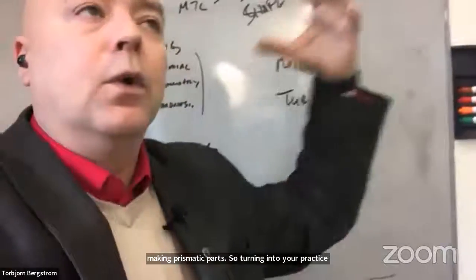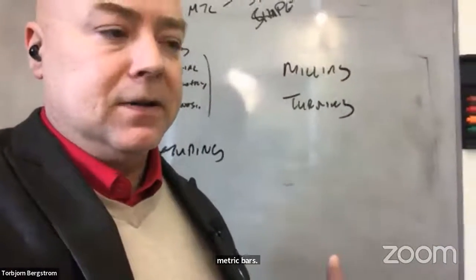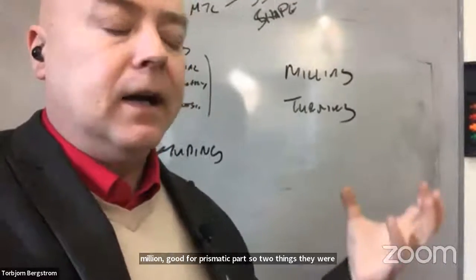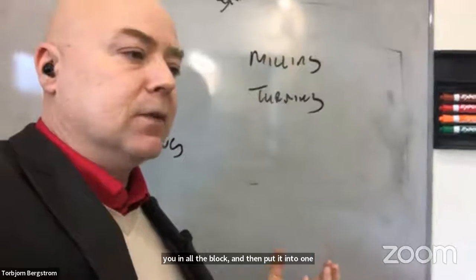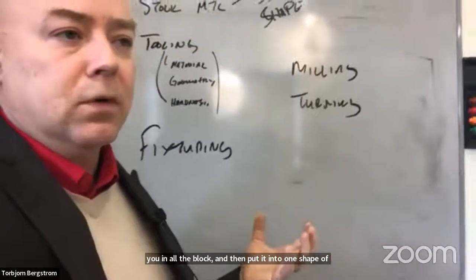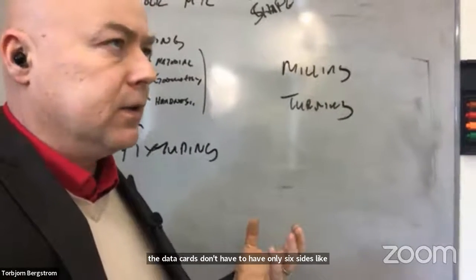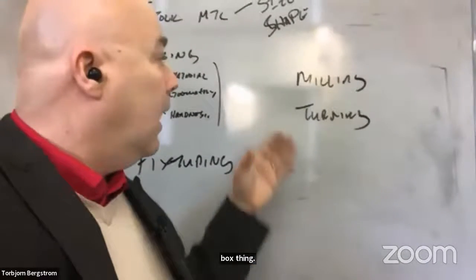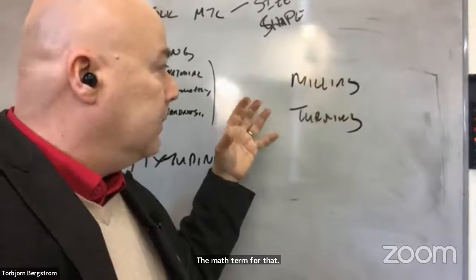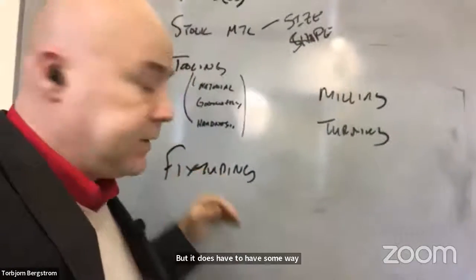Milling is good for prismatic parts. So things where you'd hold a block and cut it into some shape. Now the prismatic parts don't have to have only 6 sides like a cube or a rectangular box thing. There's a math term for that. But it does have to have some way to fixture it.